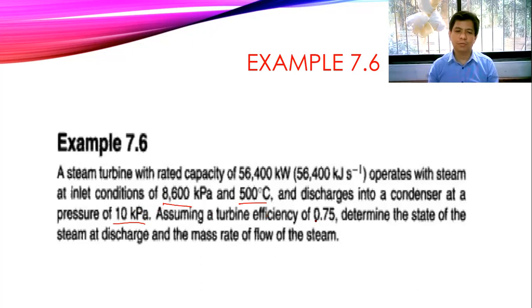Given the turbine efficiency of 0.75, you will get the actual delta H. Or actually, you can also get the actual H2 directly. The question here is to determine the state of the steam at discharge.